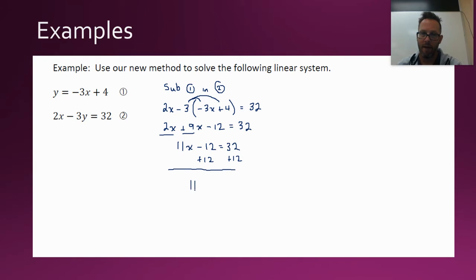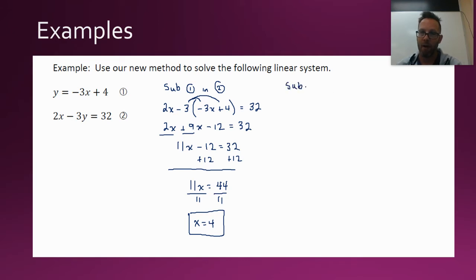We get 11x equals 44. That's good because 44 divided by 11 is exactly 4. So we have created an equation with only one variable, x, that we could solve for by substituting one equation into the other.